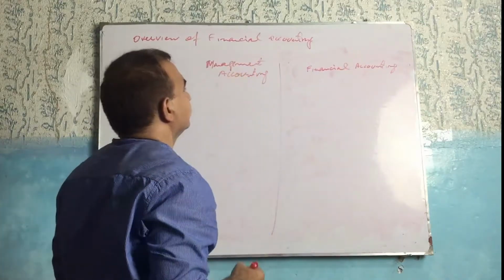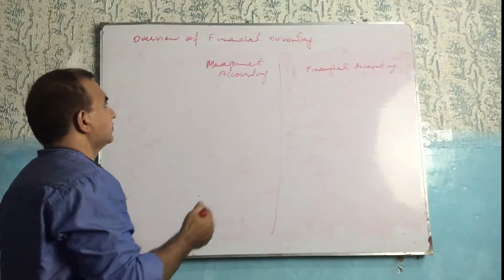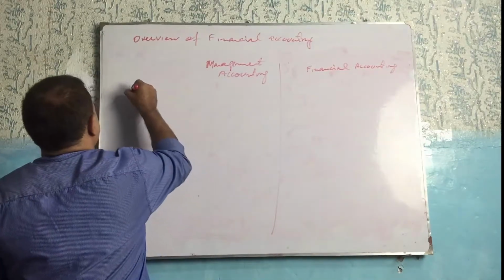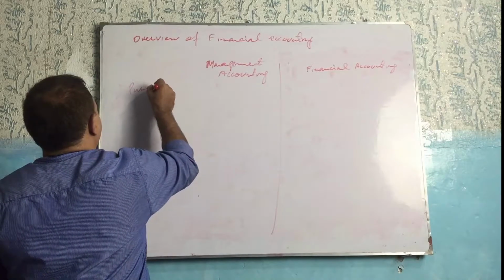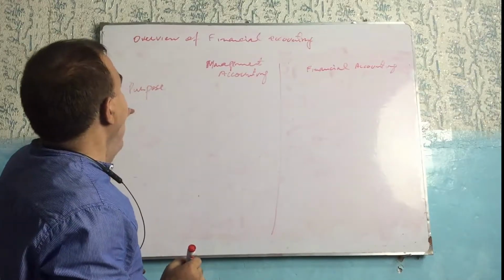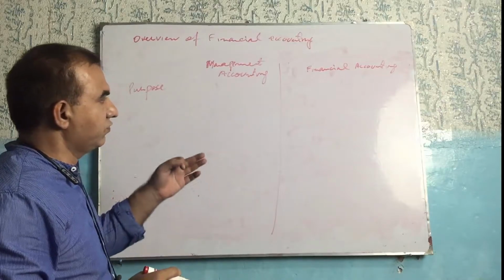So you can easily differentiate between these two types of accounting. First is the purpose. As I said, this is to help the management to facilitate their activities, whatever we discussed earlier.